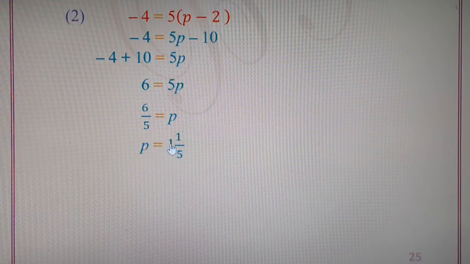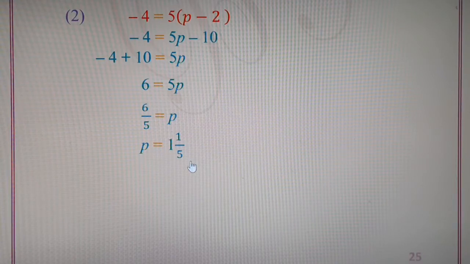So 5 is multiplied with 1 and the answer is added with the numerator 1. So first multiplication, then addition. The MA rule: first multiplication, then addition. 5 multiplied by 1, the answer is 5. And with 5, we have to do plus 1 in order to get 6 in the numerator. So in the next step, our answer will be p is equal to 1 integer 1 upon 5.